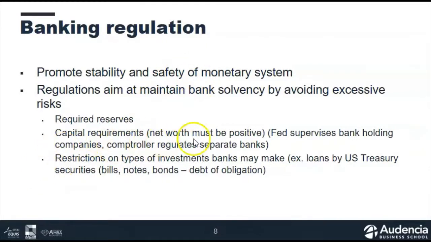Certain capital requirements, so banks need to maintain a positive net worth, and that's part of the regulation. And also restrictions on the type of investments that banks can undertake. Banks can't just invest in high risk areas, and how banks can invest the cash and the money they have is determined by the Fed.